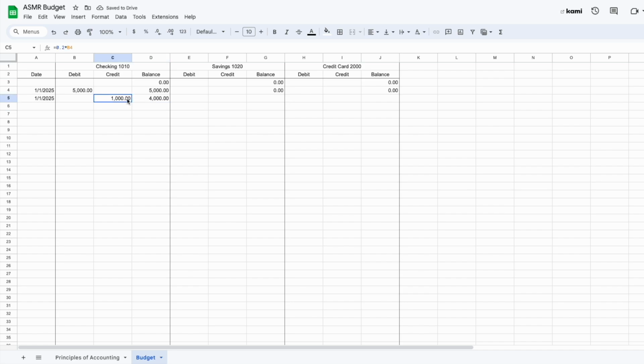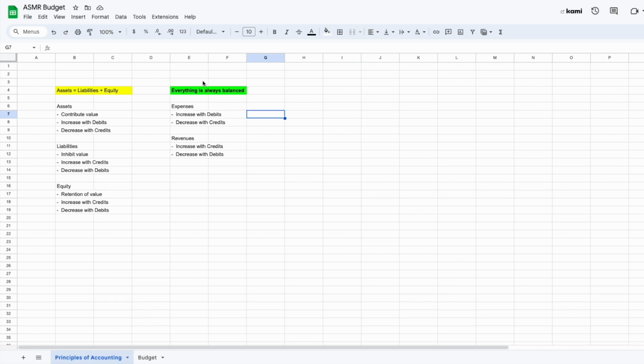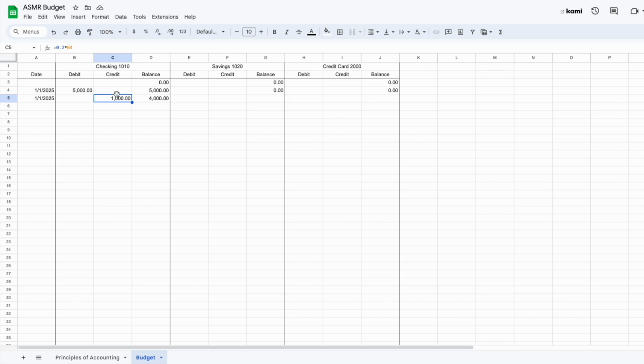Now, where does this $1,000 go? Well, it's going to go into our savings account. If you remember what I said before, everything is always balanced. For every debit, there must be an equal credit. In our case, we're crediting this asset to decrease it.